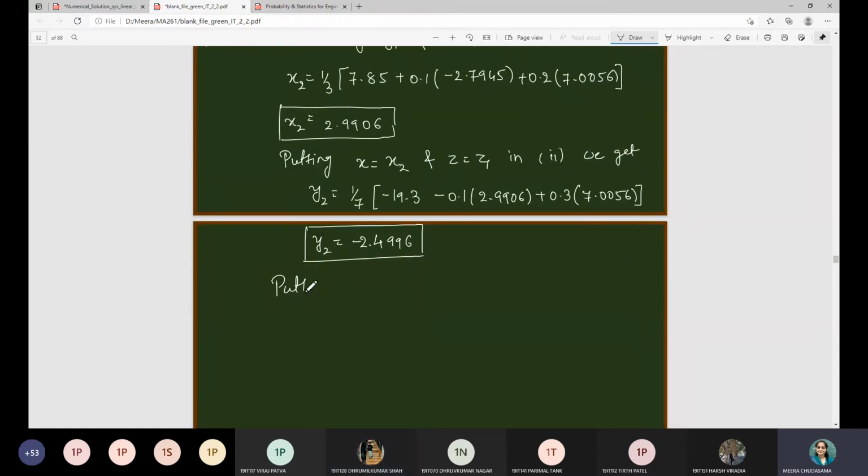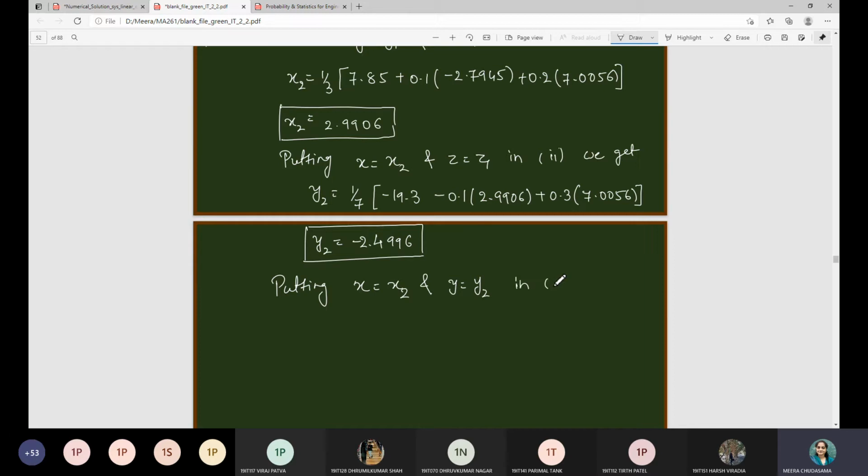Next iteration, putting, अभी z के एक्सप्रेशन को इवेल्युएट कर रहे हैं, so x and y वेरिएबल विल बी देयर इन द इक्वेशन. So x का लास्ट इवेल्युएटेड इटरेशन इज x2 and y is also y2, right?